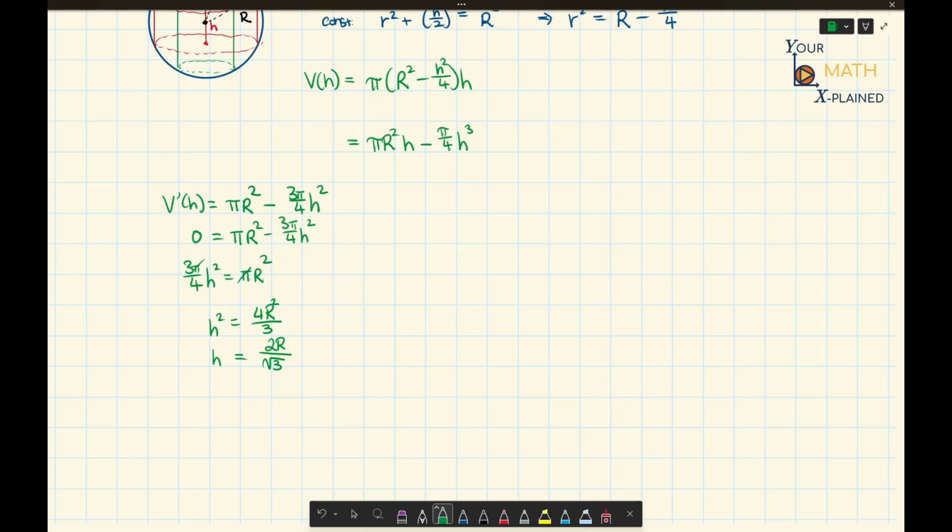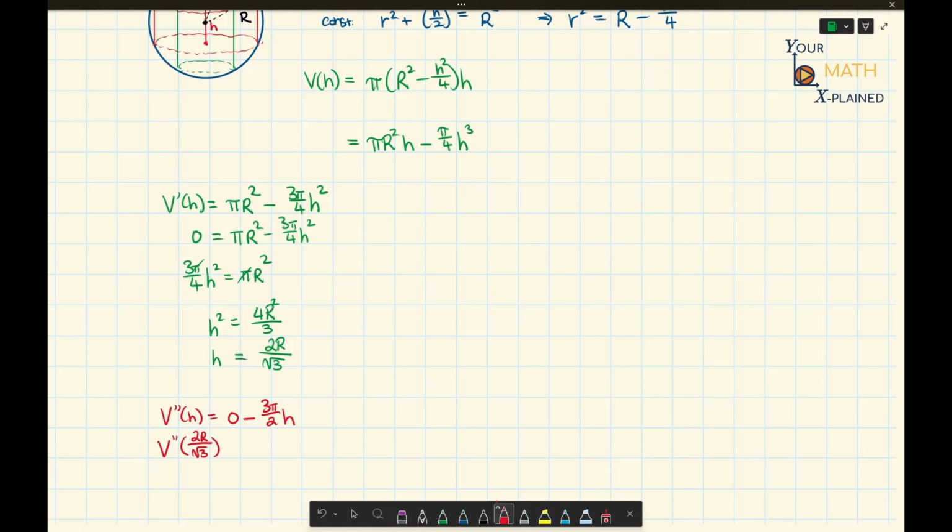And then we're just going to do a quick check to make sure that this is in fact a maximum. And this time we're going to do the second derivative test. So we get v double prime of h is equal to 0 minus 3 pi over 2 times h. And now we're going to substitute in our critical value of 2 times capital R over root 3.